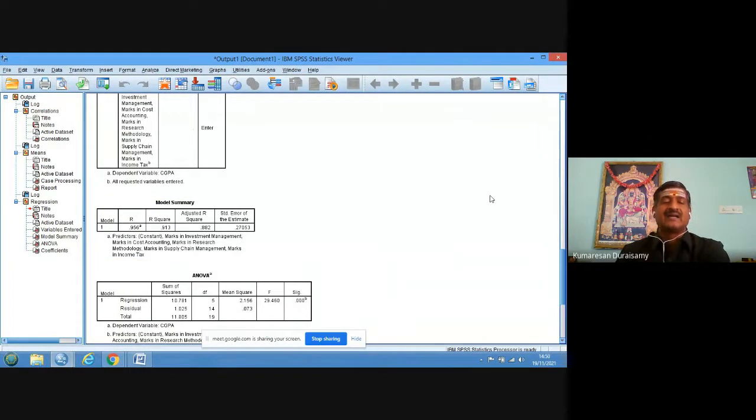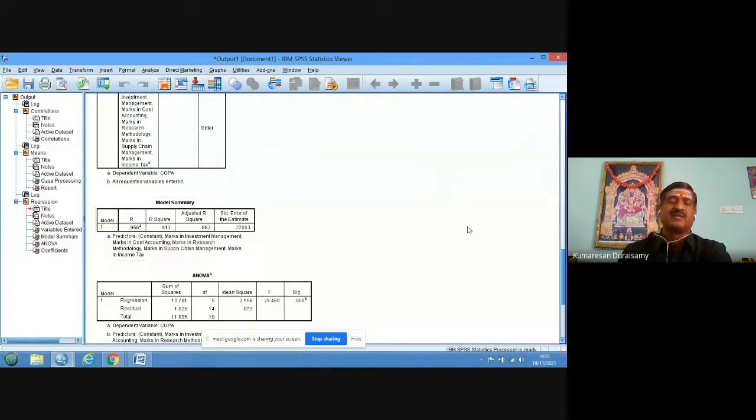It is called the coefficient of determination. See, this 0.956 is the coefficient of correlation, and this is the coefficient of determination.